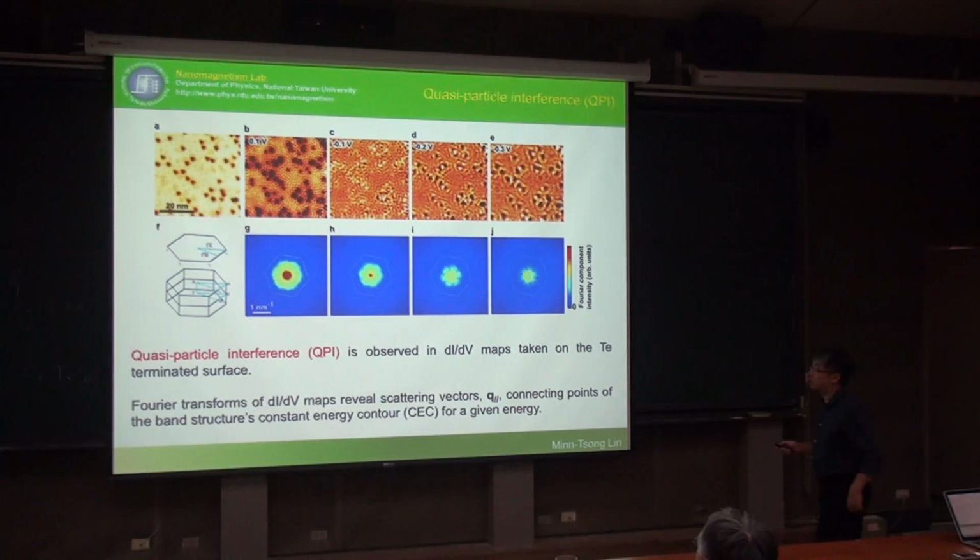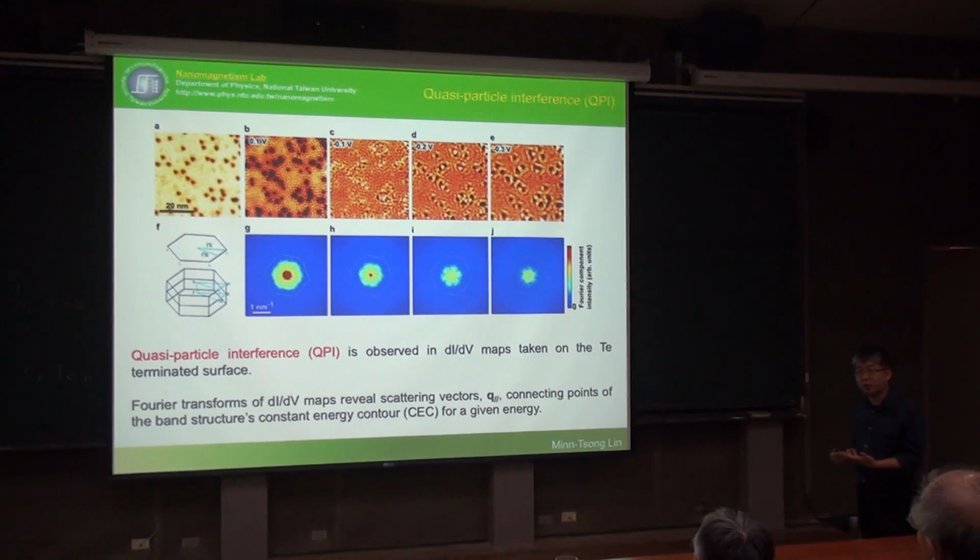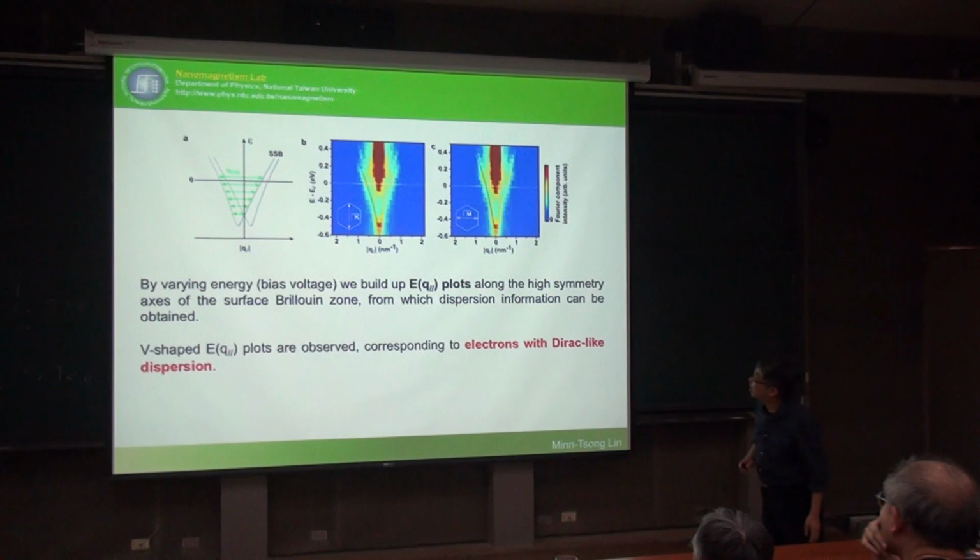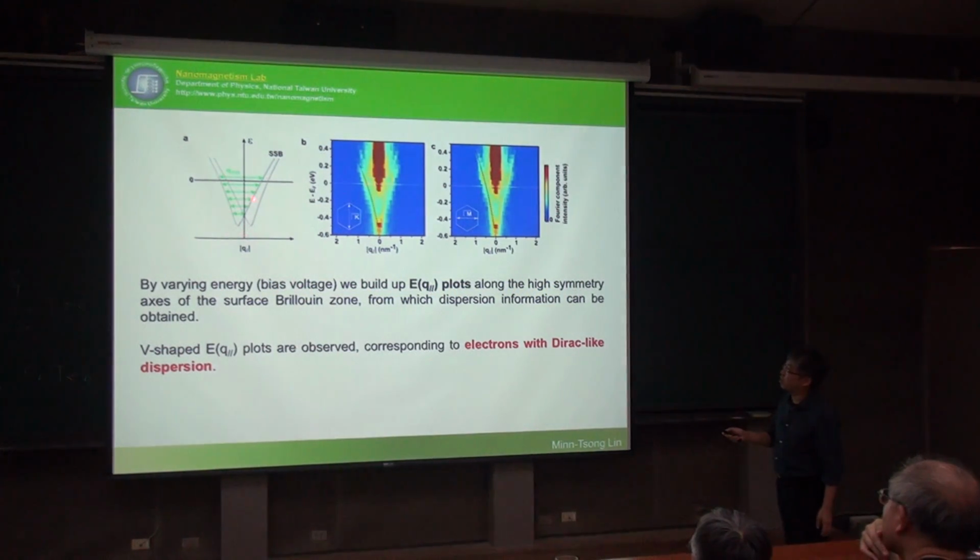What's important is you can take the Fourier transform, the so-called quasi-particle interference. We can find the K-space behavior. However, this K-space is the so-called Q-space. I will show you later. This is the band structure here.